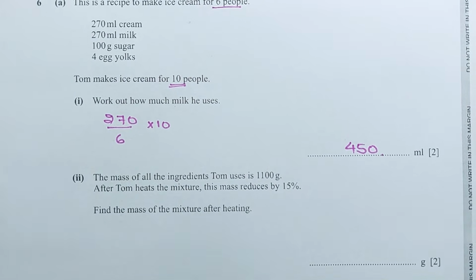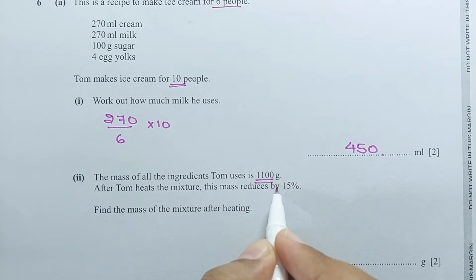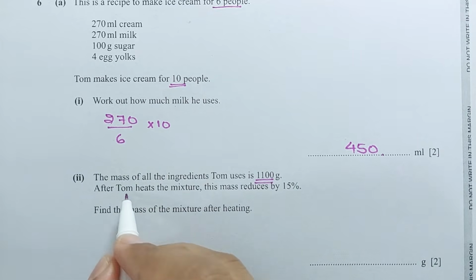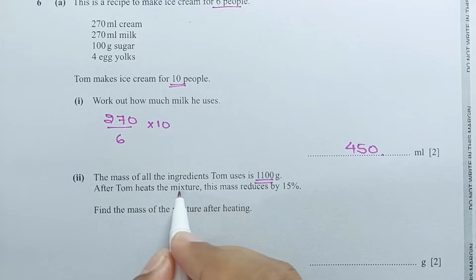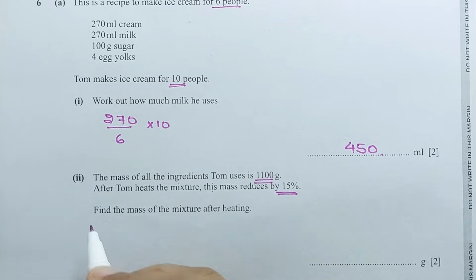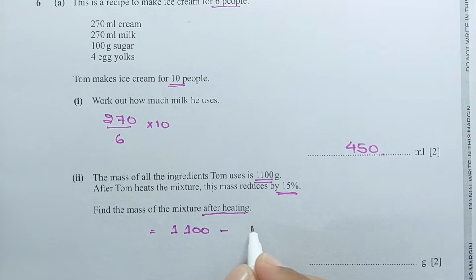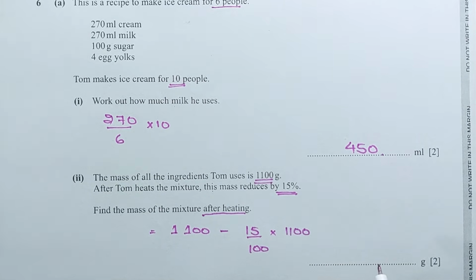Now for the second part, the mass of all the ingredients Tom used is 1100 grams. After Tom heats the mixture, this mass is reduced by 15%. Find the mass of the mixture after heating. Before it was 1100 grams, and 15% of 1100 grams is reduced.